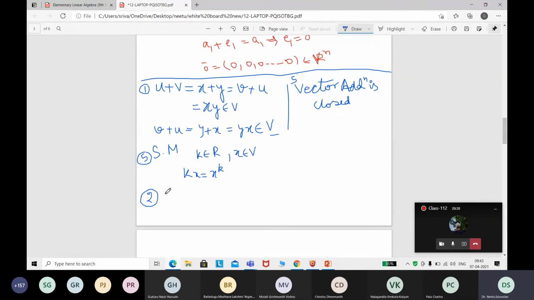U plus v is equal to x plus y. X plus y is equal to x into y. And then v plus u is equal to y plus x.